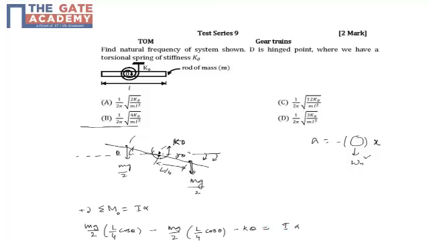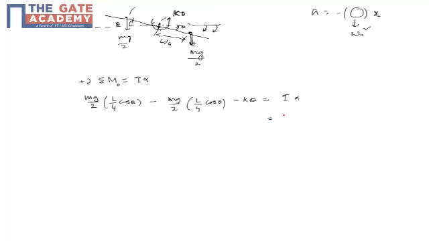Now I is the mass moment of inertia about the center, which is ml squared by 12. This is something you have to remember. So this mg by 2 gets cancelled, it's minus k theta, and alpha is theta double dot. So theta double dot equals minus 12k by ml squared times theta.